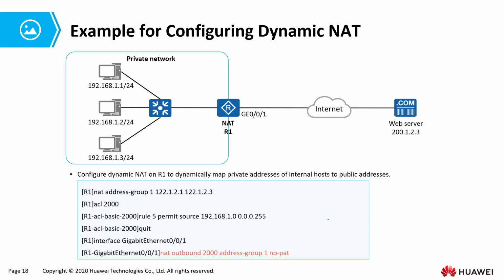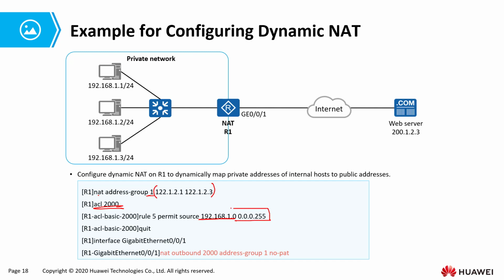An example configuration is right here. We are setting up NAT address group 1, starting from 122.1.2.1 up to 122.1.2.3. There are 3 IP addresses. Then we define a basic ACL and set up rule 5 permitting all traffic from the .1.0 network, as you can see.